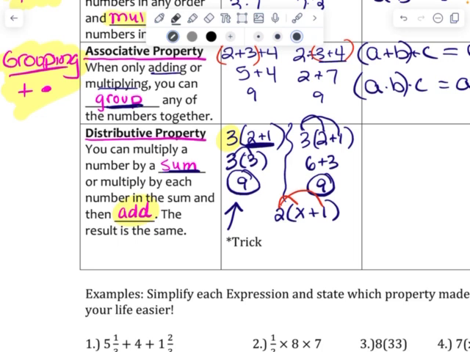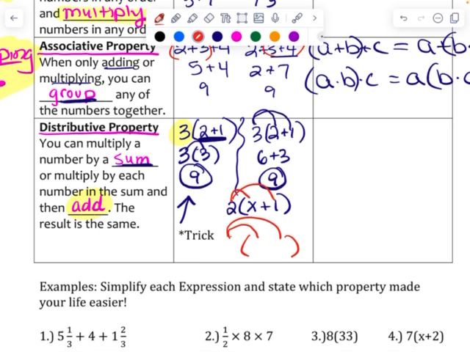Our trick is called the Santa hat. Because when I'm distributing a number, it looks like a Santa hat. What the rule states is that it's A times B plus C. Again, we can distribute and have AB plus AC.